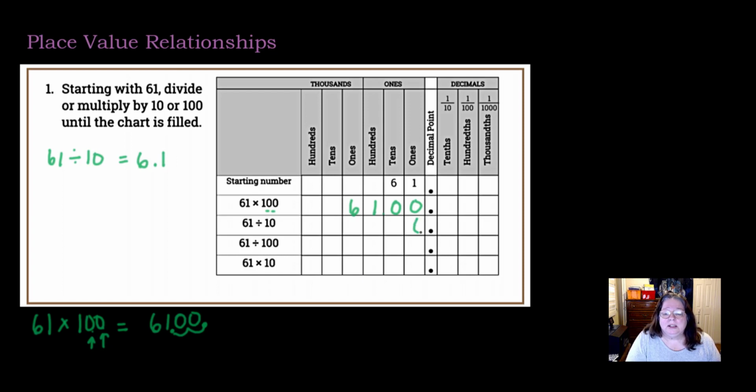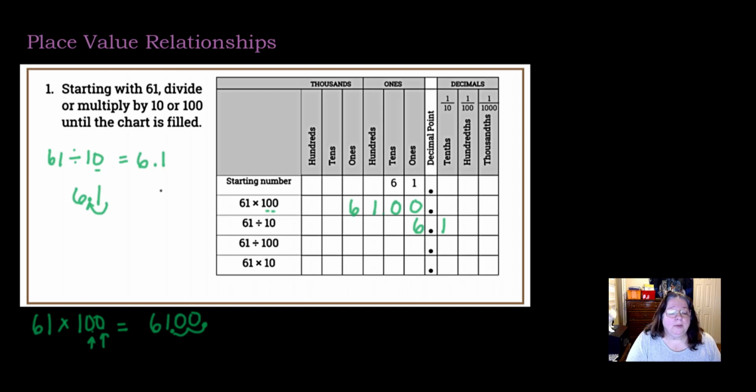And so what we did, we have our 61. We're dividing. Our number's getting smaller. The decimal point's here. We move it over 1 place to the left. When we multiply, we move the decimal point to the right. When we divide, we move it to the left, and we do that by how many zeros there are.